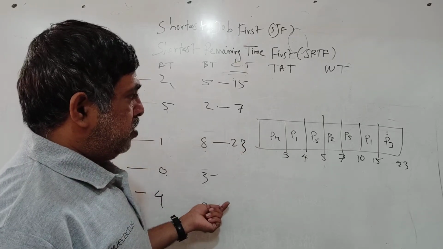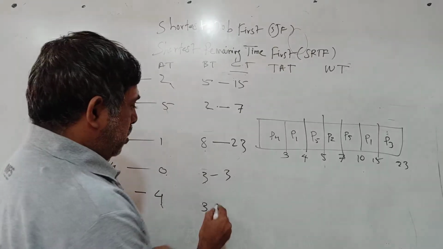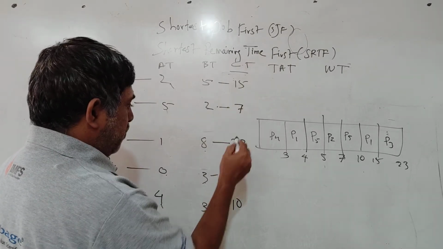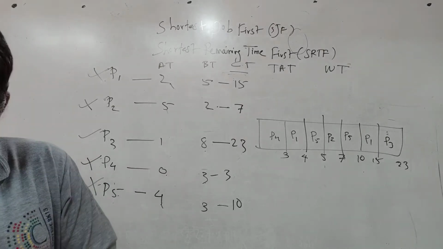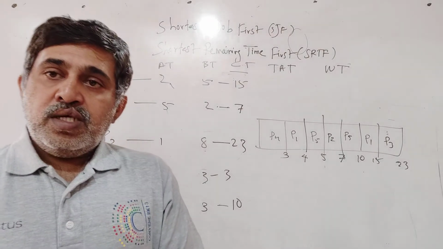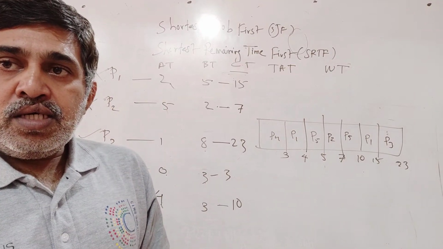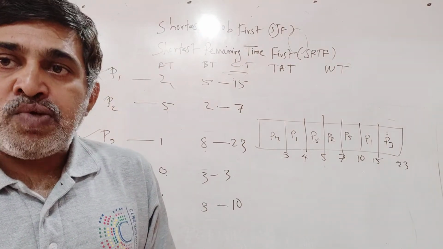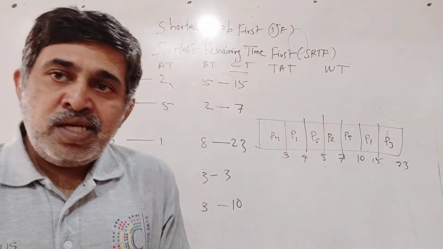P4 has completely executed at the 3rd unit. P5 has completely executed at the 10th unit. So 15, 7, 23, 3 and 10. We are done with the calculation of completion time.